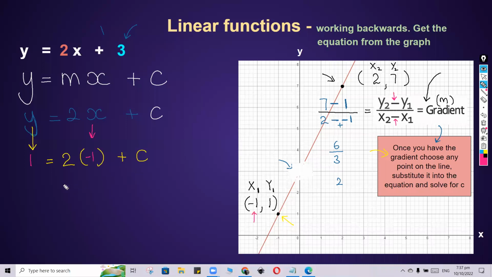Let's see if we still get 3. 2 multiplied by -1 is -2. Let's solve for c. Throw across -2. What do you get? +2. 2 plus 1 is 3. We still got a 3. It cuts the y-axis at 3. Right? So I know some people mightn't take that one down, but for those who want to take it down, take 20 seconds.